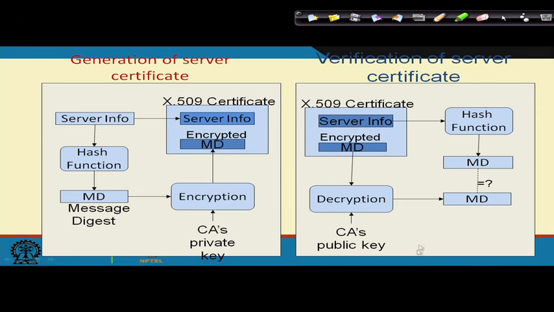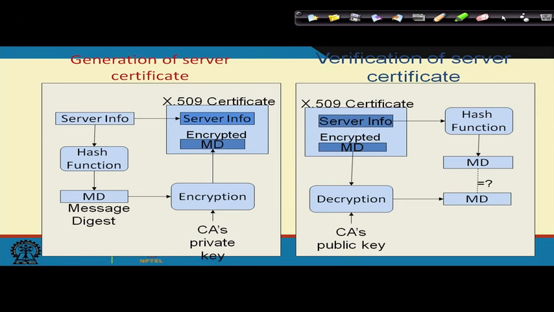The CA can never deny that it has actually given this certificate to this particular server. So, that is how non-repudiation on the part of the certifying authority is achieved.